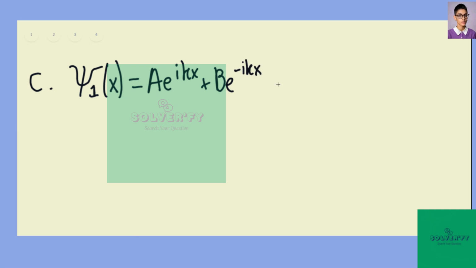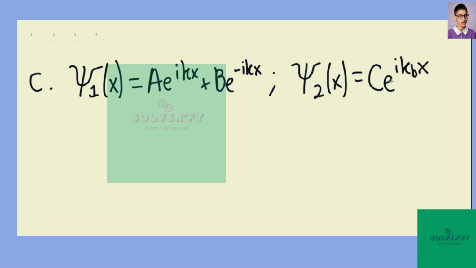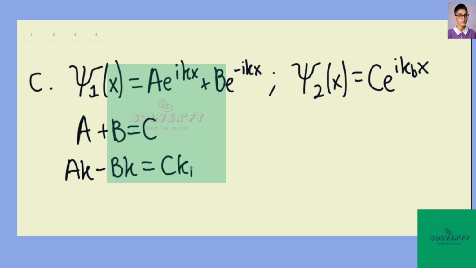And we can say in region 2, this would be equal to C e to the i k sub B x. And we're going to match the boundary conditions. This leads to A plus B equaling C, and Ak minus Bk equaling Ck sub B.